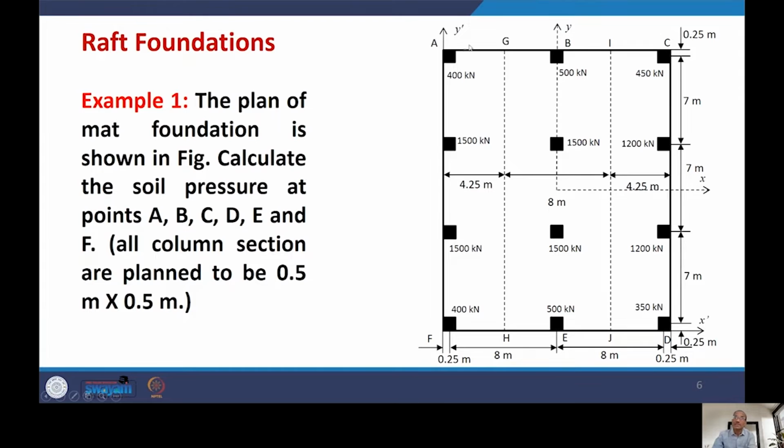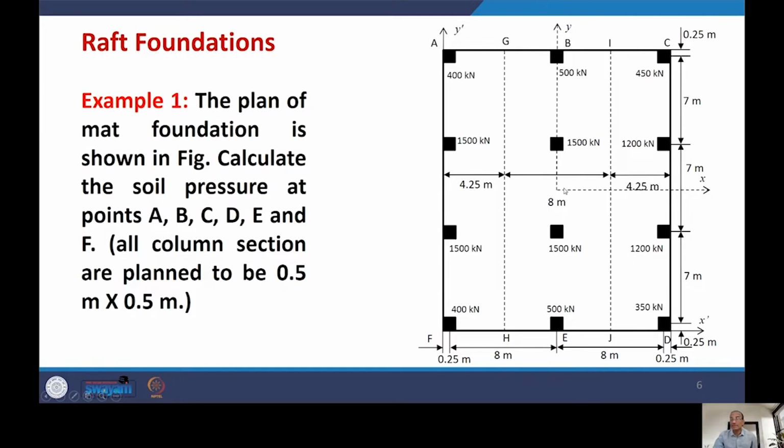What you could see is that the columns at the ends are denoted A, B, C, D, E, F in the plot. Now, what has been denoted here? X-axis and Y-axis have been marked.